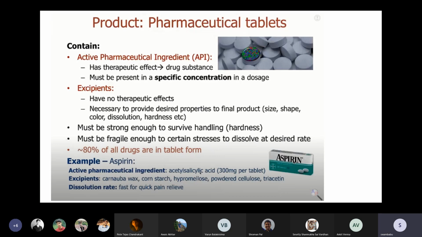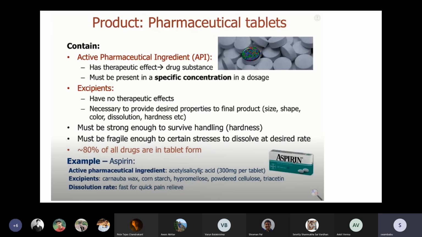These are the excipients. The excipient is not only one; it's a mixture of many things because you need to get strength to handle it during the transportation, and it should be fragile enough to dissolve at a specific rate. So they will add a wide variety of excipients, and here we have listed a few of these excipients.